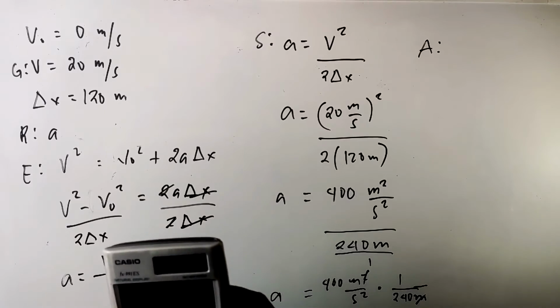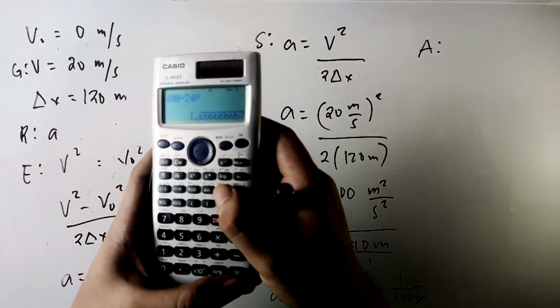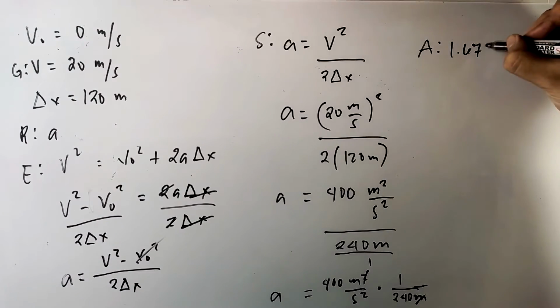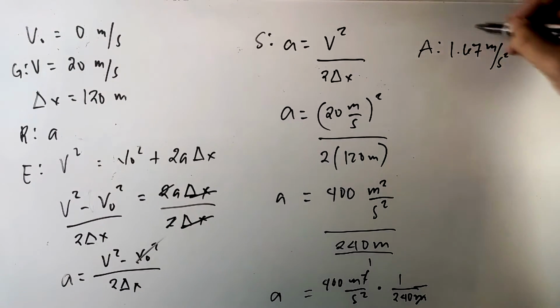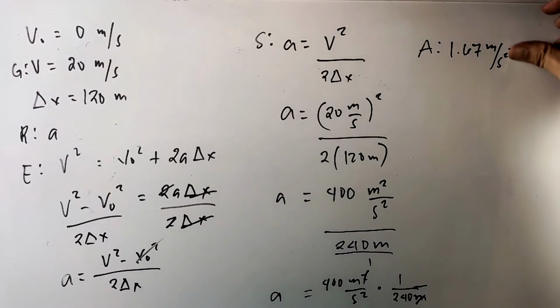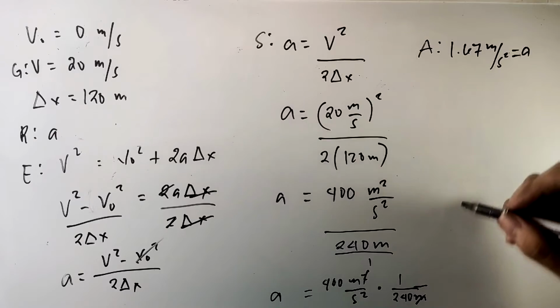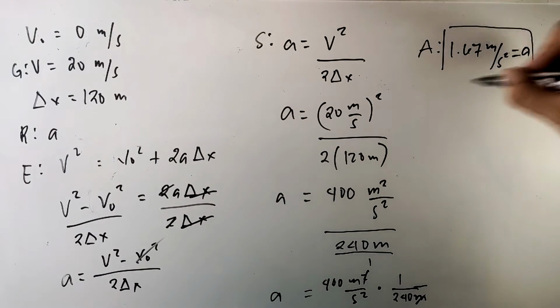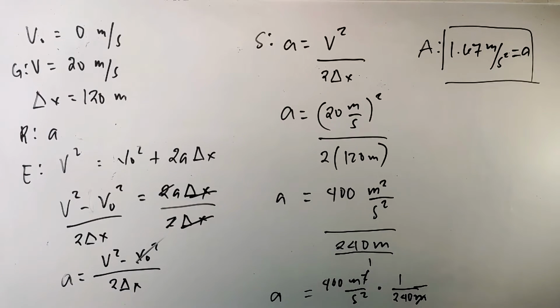So what's the answer? 1.67 meters per second squared. So this is a. There you go. See? It's really not that hard, right? So now you can proceed on answering the self-paced practice problems and work on your own.